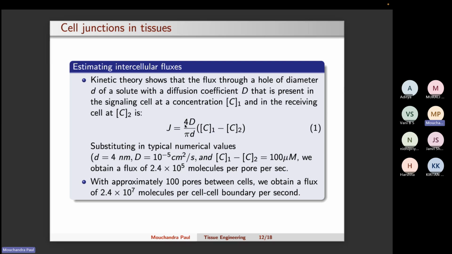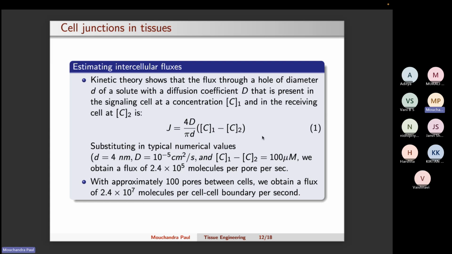The equation is flux equals 4d over pi d times C1 minus C2. They have simply put this equation in this scenario to estimate the maximum flux of the molecules passing from one side to the other.